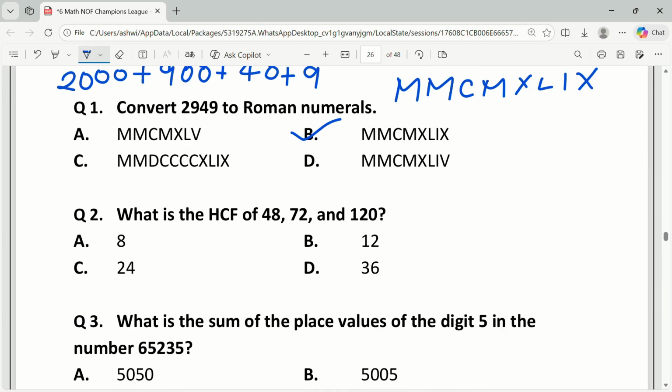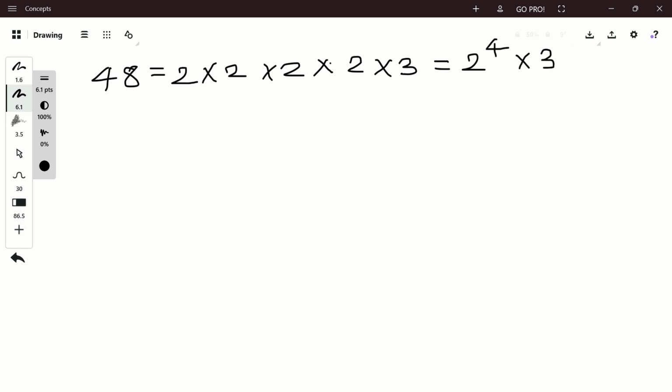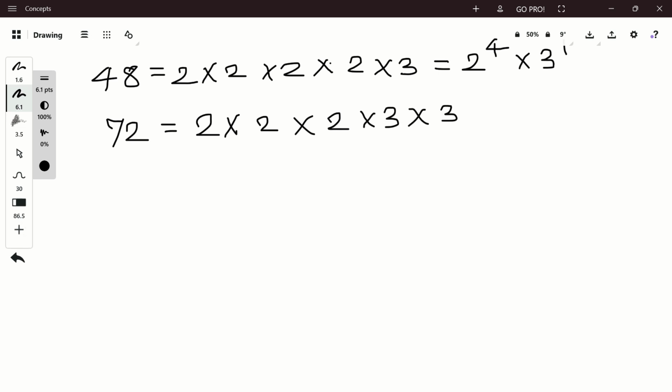Question 2. What is the HCF of 48, 72, and 120? Find the prime factorization of each number. That is, 48 is equal to 2 into 2 into 2 into 2 into 3, which is equal to 2 to the power 4 into 3 to the power 1. 72 is equal to 2 into 2 into 2 into 3 into 3.